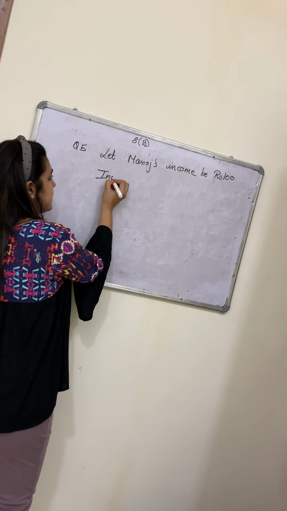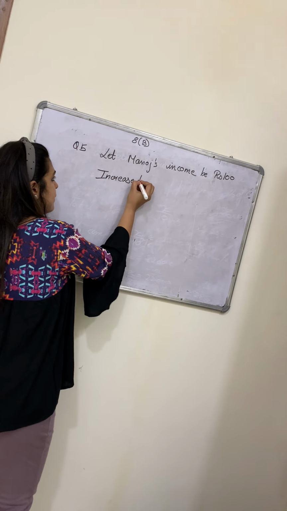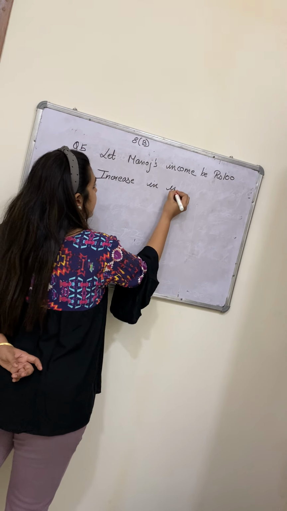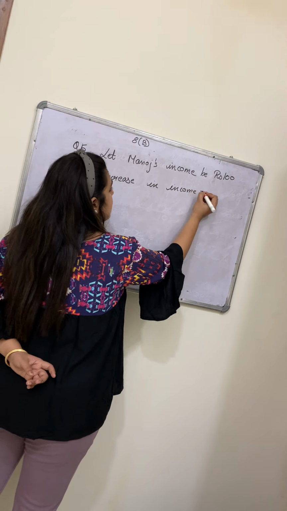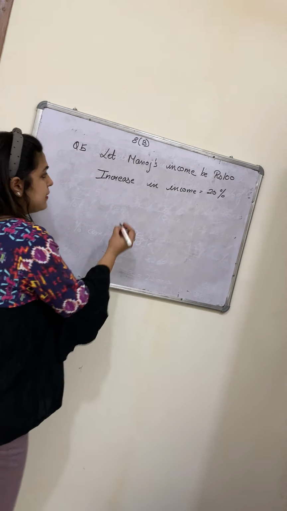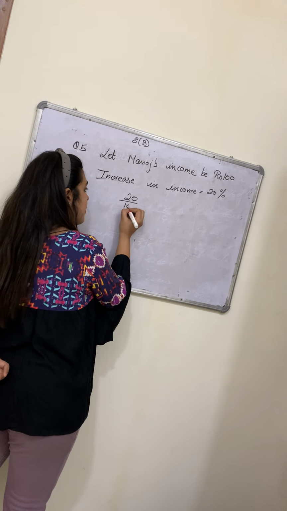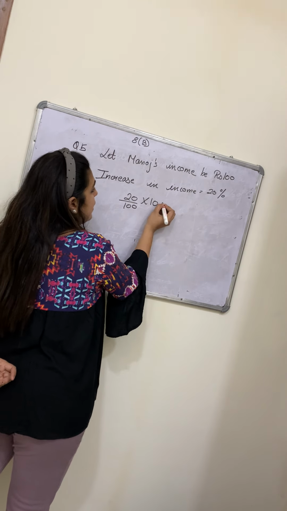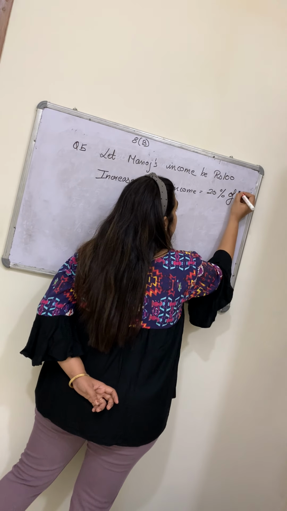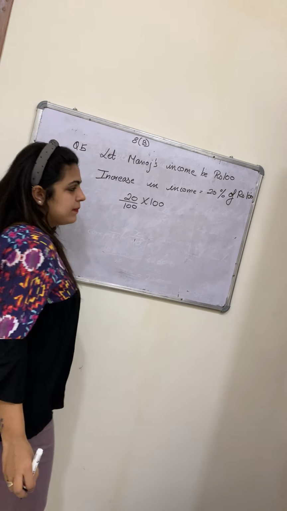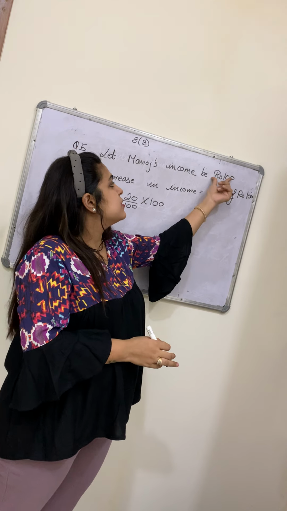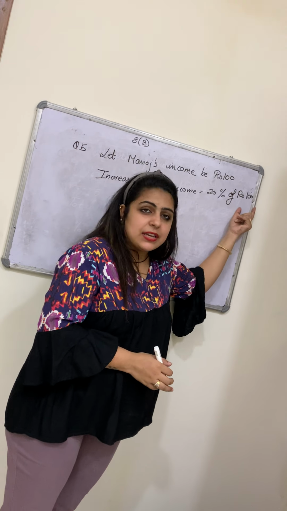So the increase in income is 20%, right? That means it is 20 upon 100 into 100. 20% of rupees 100 increase होगा. जैसे हम 10% of x कर रहे थे, यहाँ पे हमने original income 100 ली थी. So this will be 20% of 100.